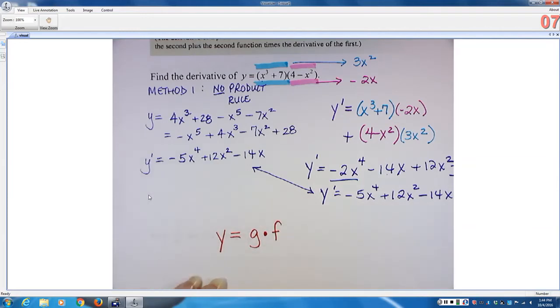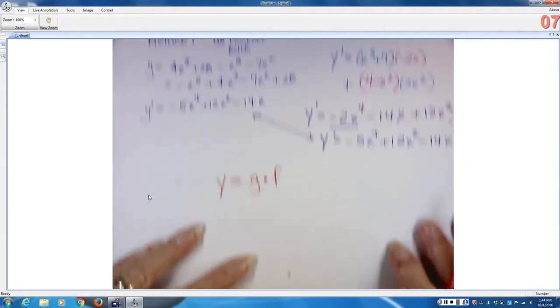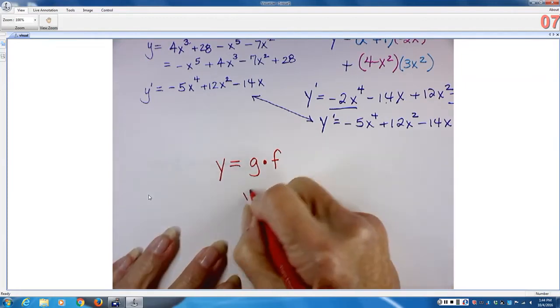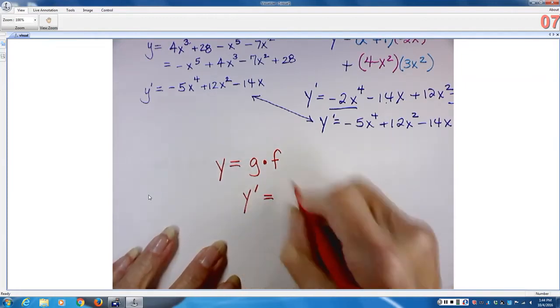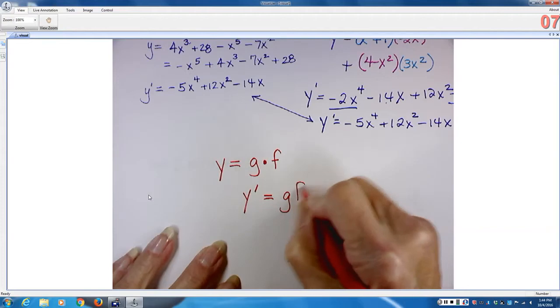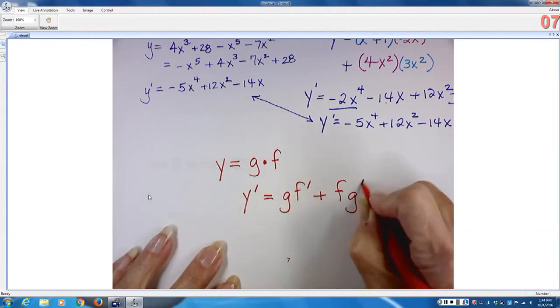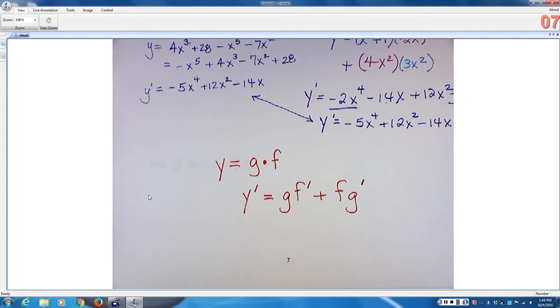If your y, your function, is a product of two other functions, then the derivative of y is g f prime plus f g prime. Just using the prime notation for the derivatives. Okay? Take the derivative of both parts, both factors, swap the derivatives, and add everything up.